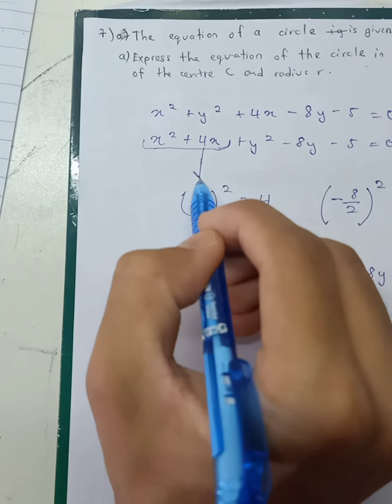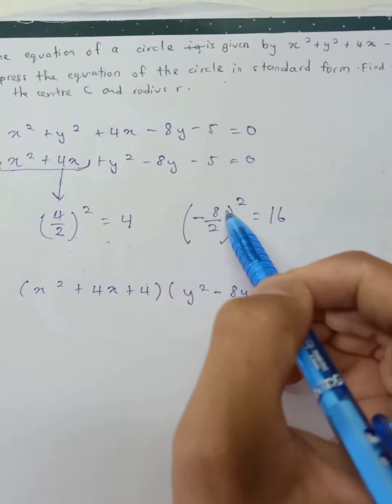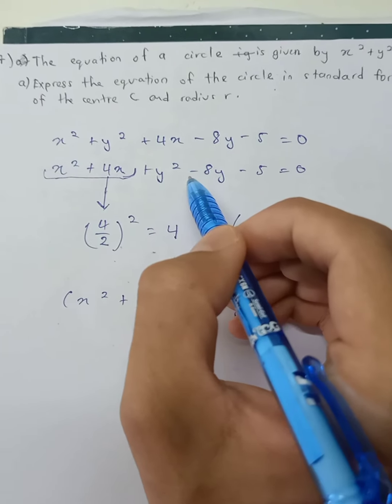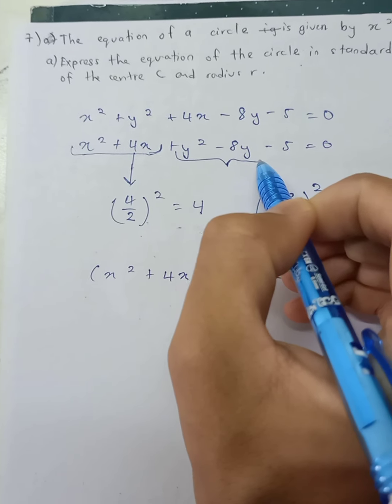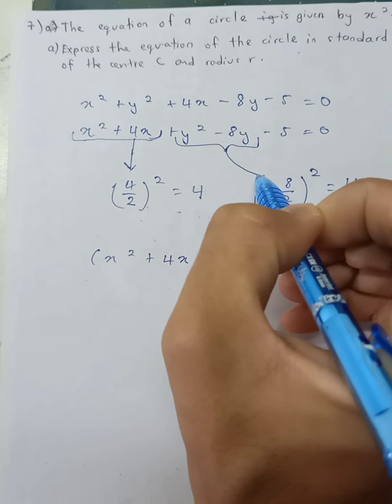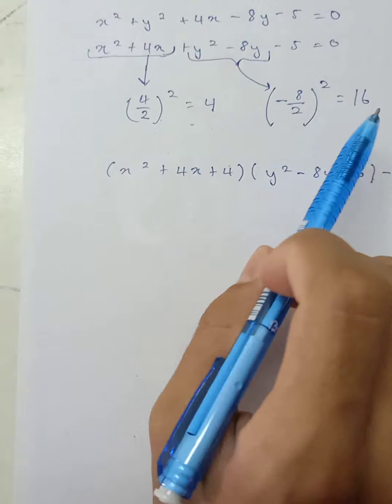Right, so we get the value here, and negative 8 over 2 squared was obtained from here. Okay, so we get this.